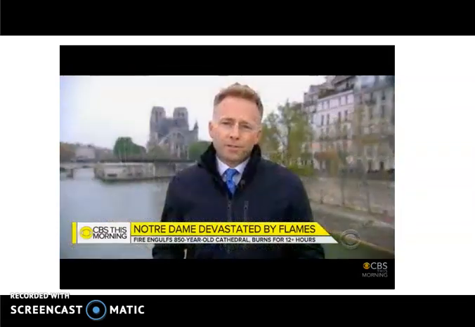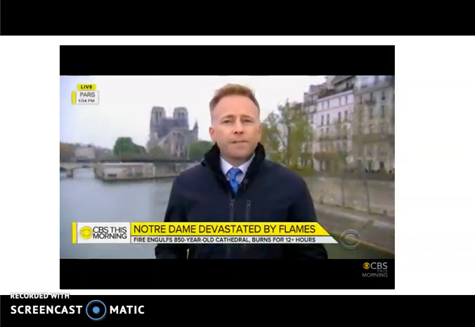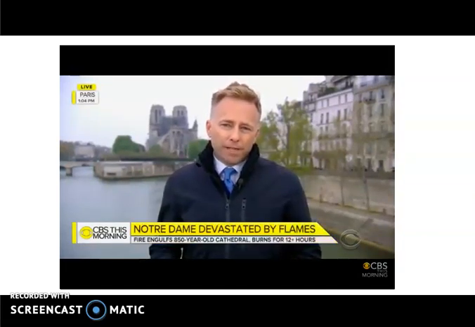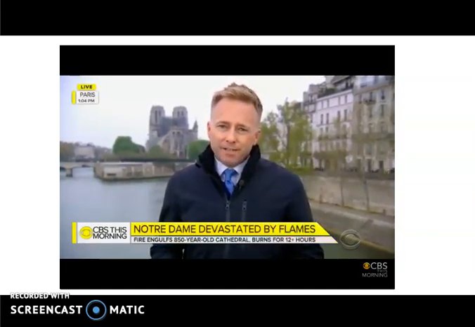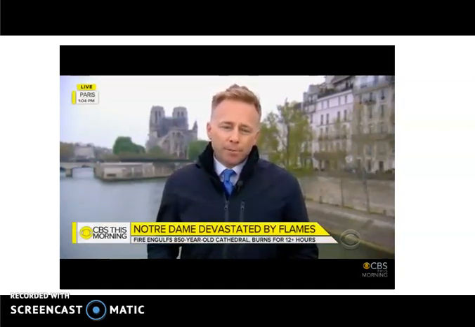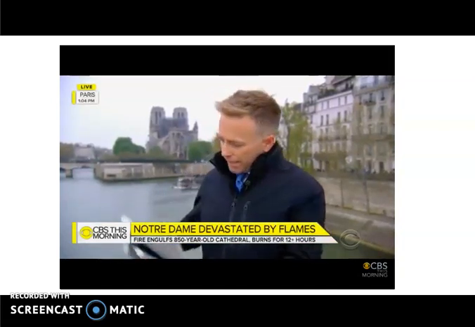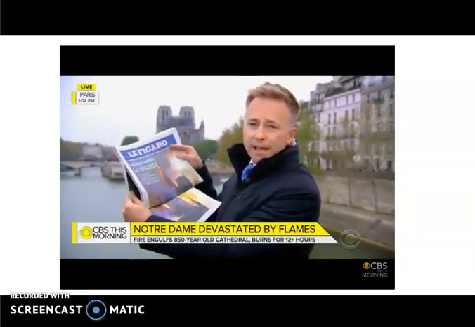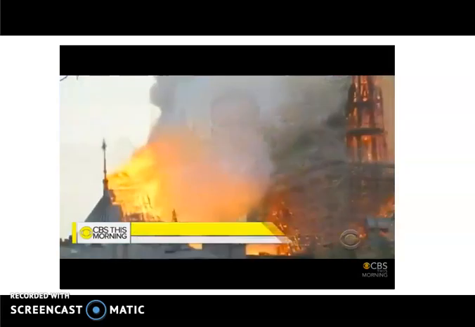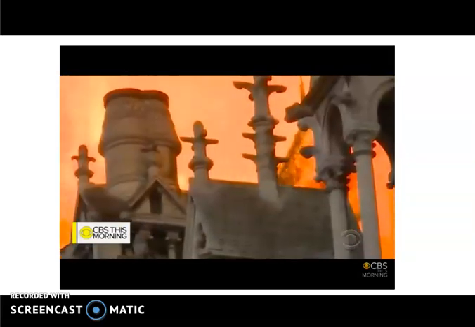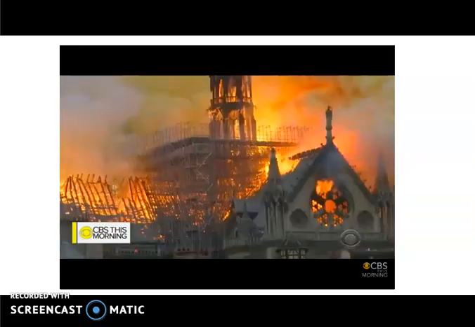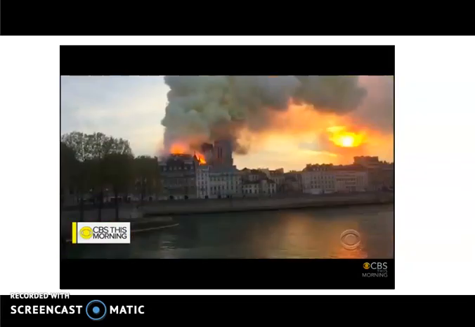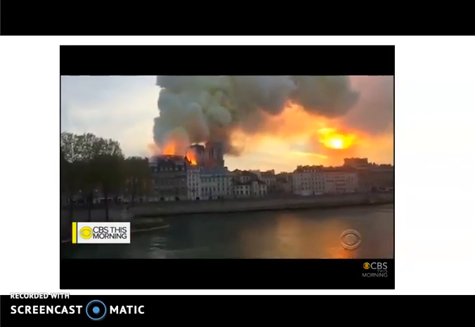Good morning. The Paris prosecutor is saying that they are working under the belief that this fire was started by an accident, and there are around 50 people working on the investigation. Paris today is stunned, is heartbroken, and newspaper writers have been trying to put those emotions into words. This headline reads, "Tears." This one reads, "Disaster." As vicious flames engulfed the 850-year-old masterpiece of Gothic architecture, France's president said a part of us is burning.